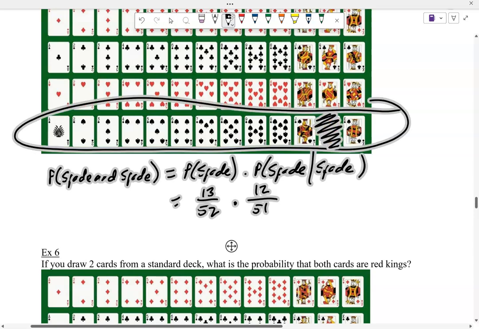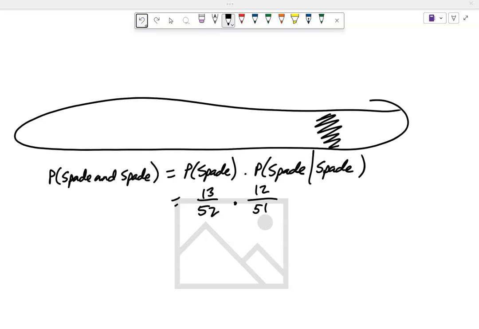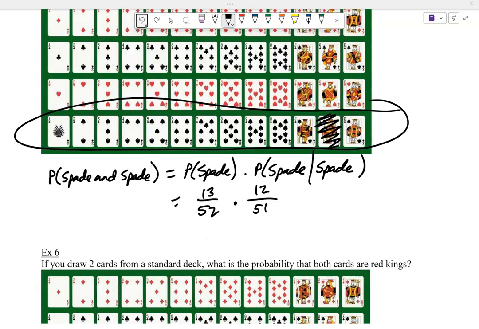And so this ends up being, there's my 12, there's my 13, 52, so it looks like it's 1 out of 17.